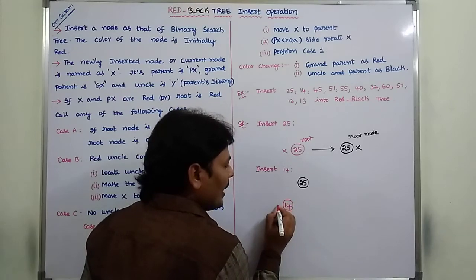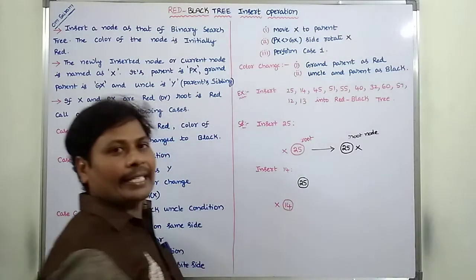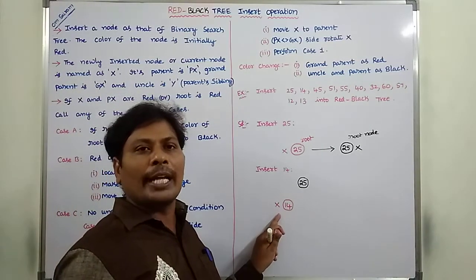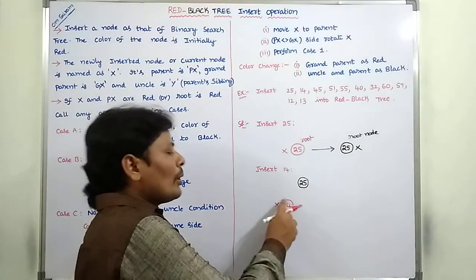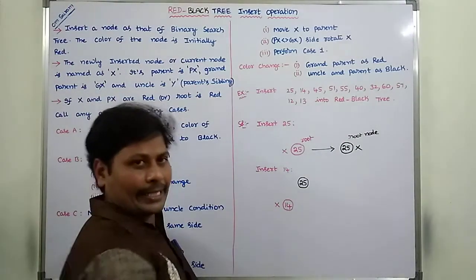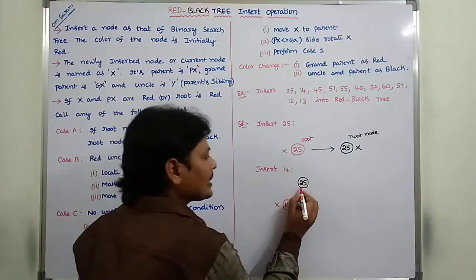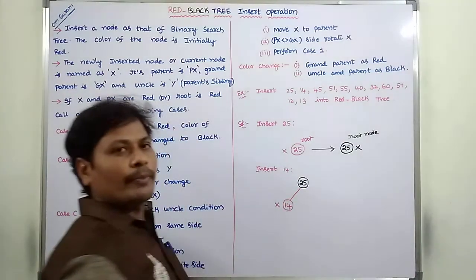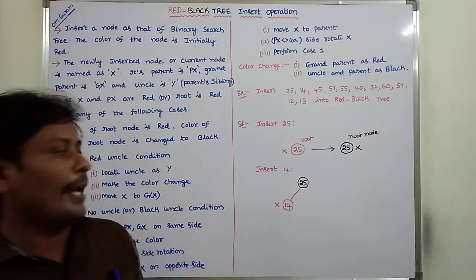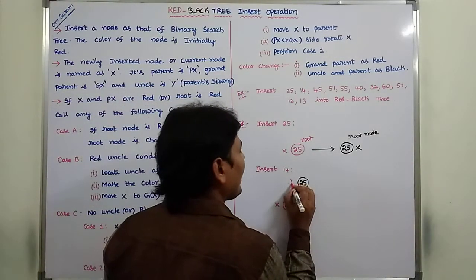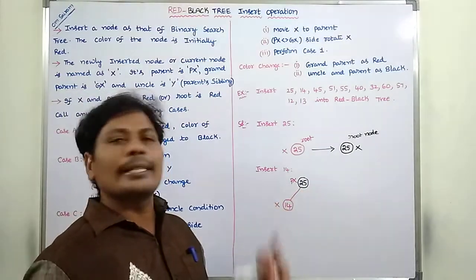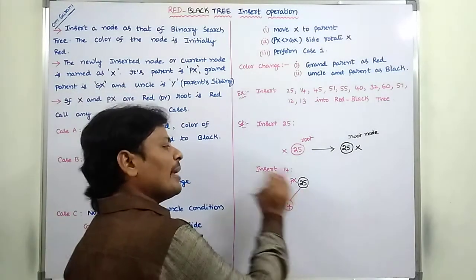This node is treated as X, since whatever node is inserted into the red black tree is a red node, denoted by X. Now X, which is 14, has a parent, that is 25, and this is treated as Px.